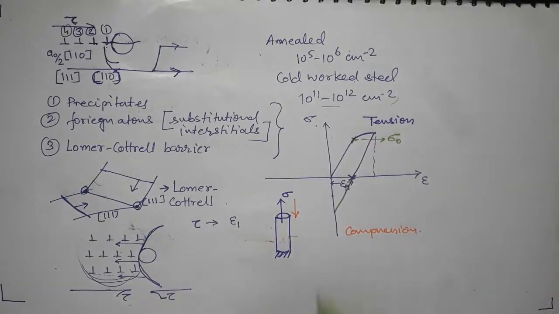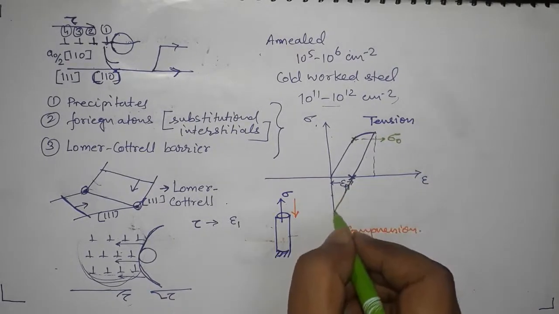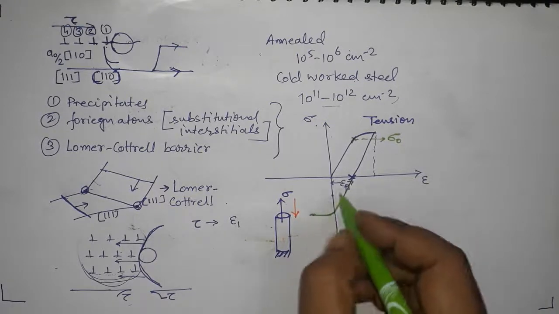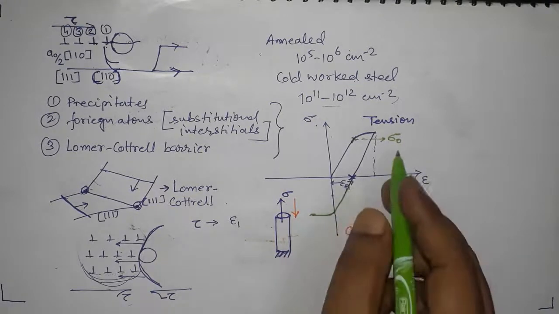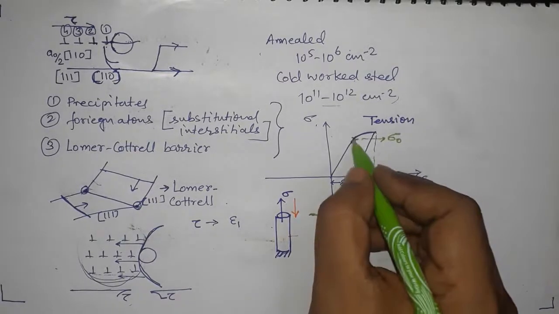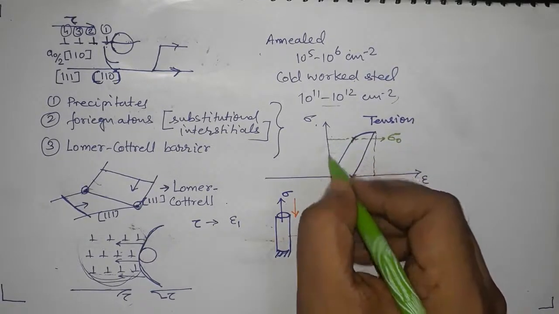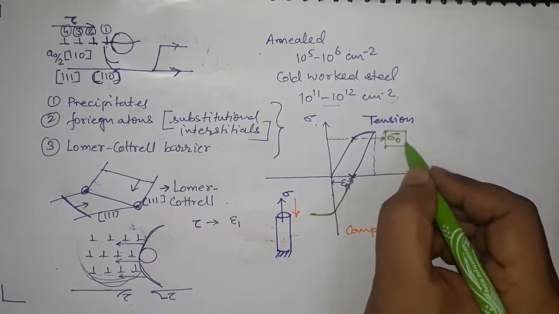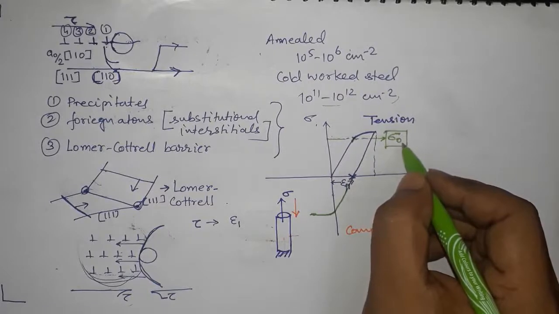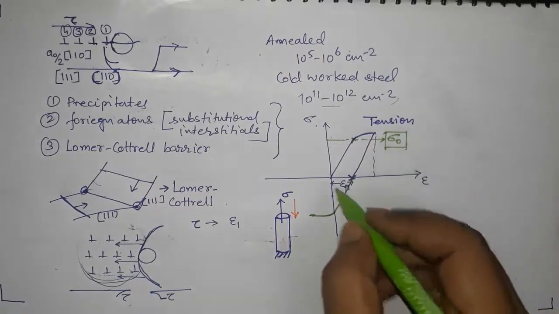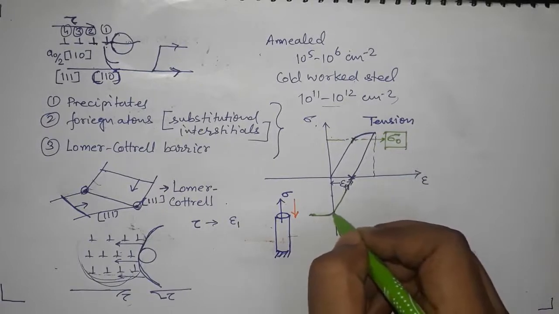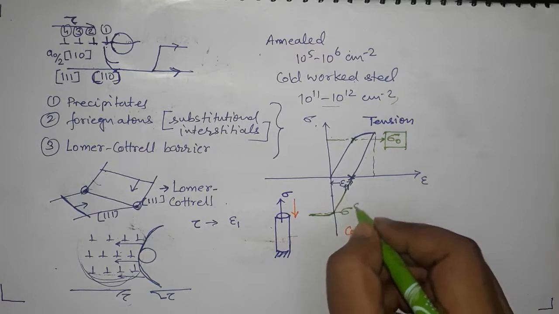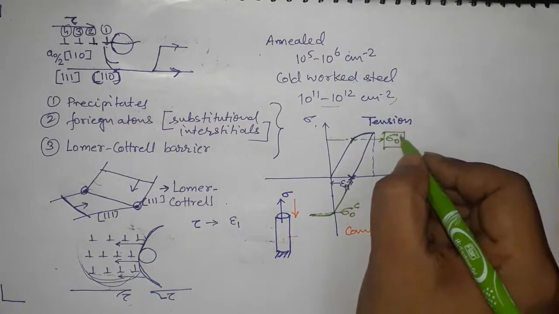So what will happen? I go there, and then I again have this plastic deformation, right? The difference will be that if it took this much amount of stress to plastically deform, meaning that my yield stress in tension direction was sigma naught, and if my yield stress in compression direction is sigma C naught, let's call that sigma T naught.